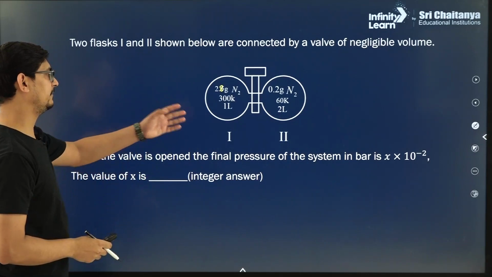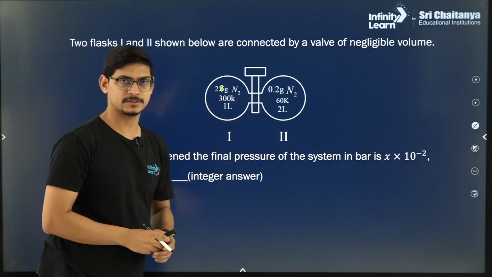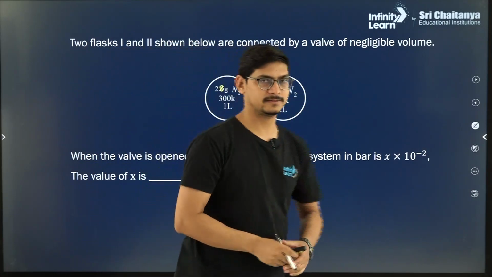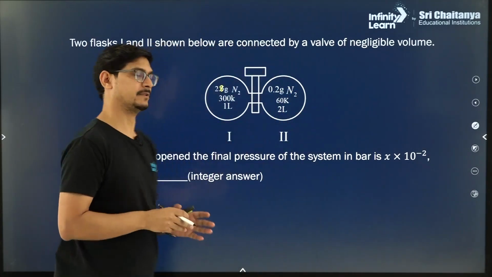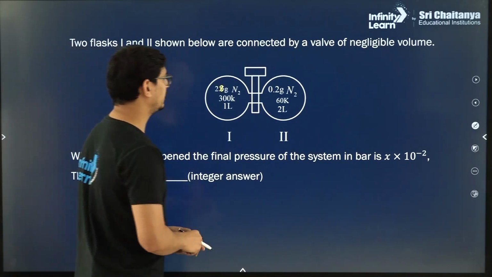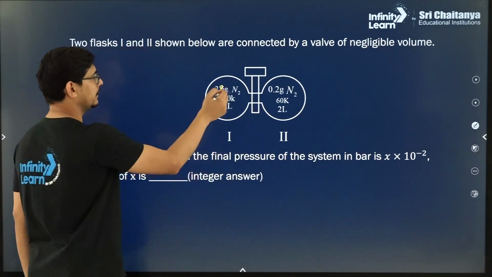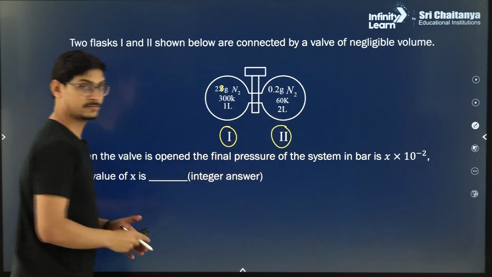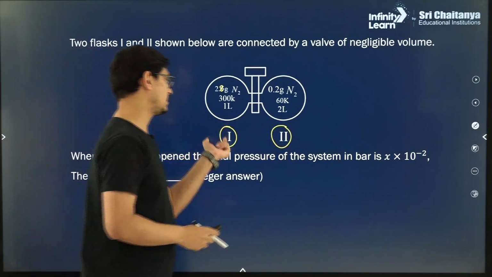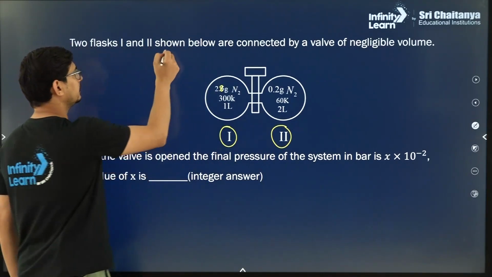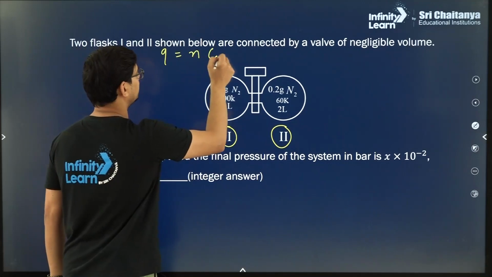This question would have been a lot easier had the temperature been constant, but because one sample is at 300 Kelvin, another is at 60 Kelvin, there is going to be heat transfer from hotter gas to cool gas, right? So what we can do here is that heat lost by 1 is equal to heat gained by second, because 1 is at higher temperature. Now heat is n C m delta T, right?